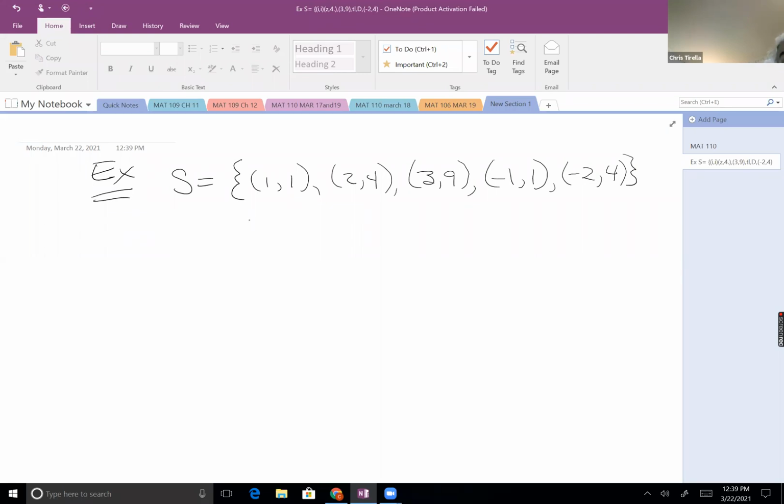For this relation, what would you tell me the domain is? What would be the set of first members? The 1, the 2, the 3, the negative 1, and the negative 2.